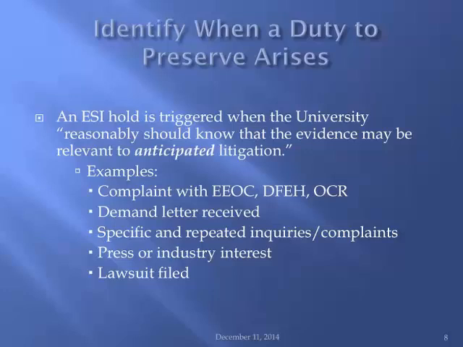Oftentimes that comes about when somebody files a complaint with the Equal Employment Opportunity Commission saying they were discriminated against or harassed, maybe it's age, sex, gender, that sort of thing. It could be with our state agency, the Department of Fair Employment and Housing, or the Office of Civil Rights. Other times, the person has lawyered up.